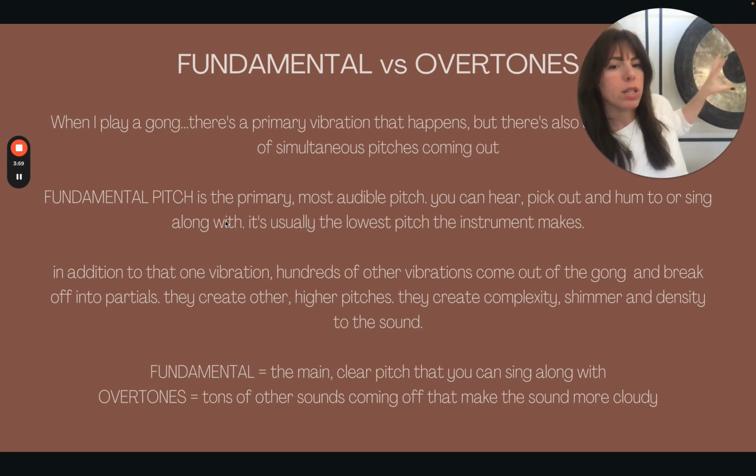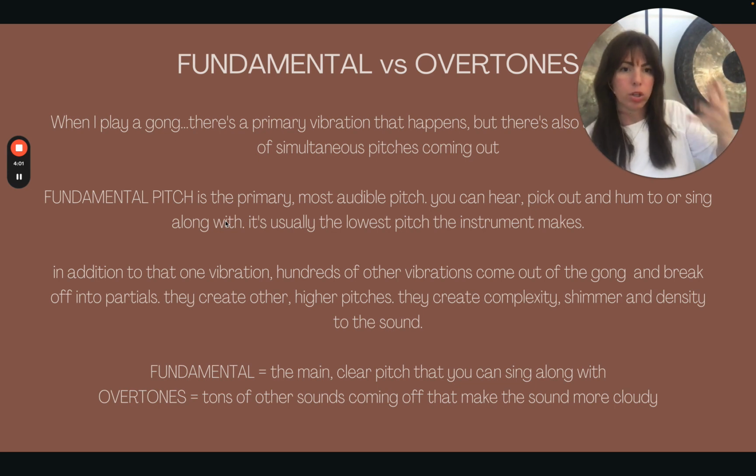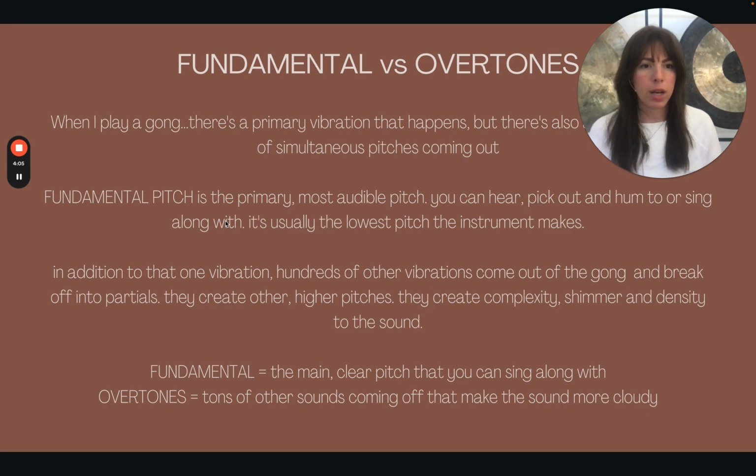So not only does that one main vibration come out, which is the fundamental pitch, but also there's kind of like an infinite number. It's not infinite, but there's so many other pitches coming out at the same time. So simultaneously. So I'm going to talk about this a little bit more on the next slide.